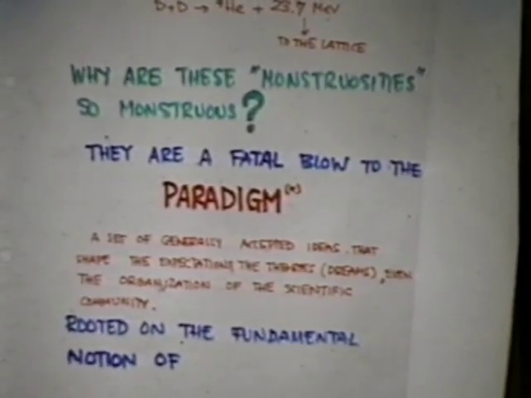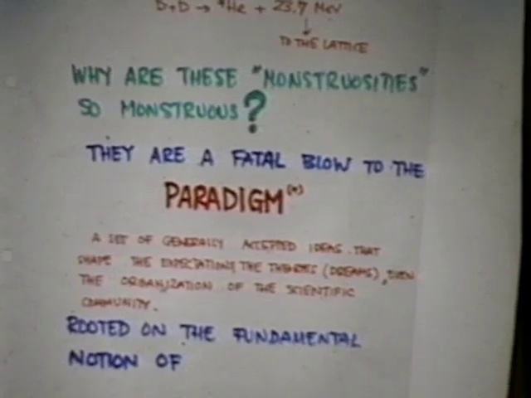And the paradigm, let me remind you, is a set of generally accepted ideas, dreams, expectations, theories, even the organization of the scientific community. So it's something very, very strong.